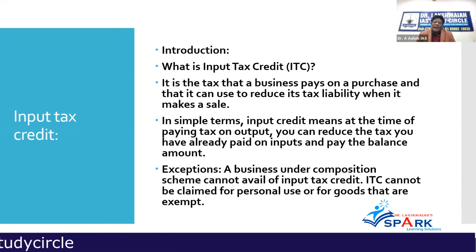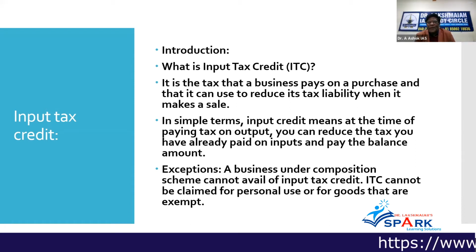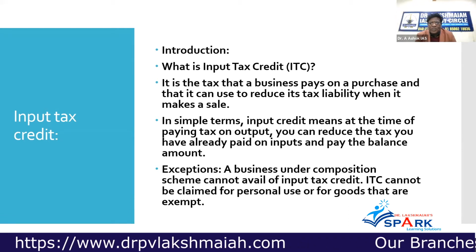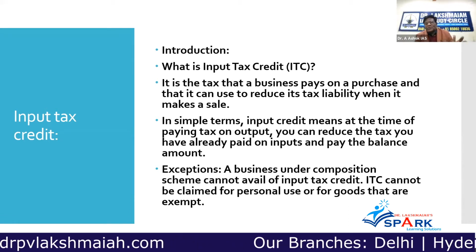Instead of paying a huge amount at one go, they can reduce that liability by paying in a kind of installment. In simple terms, input credit means at the time of paying tax on output, you can reduce the tax you have already paid on inputs and pay the balance amount. That way, you can reduce the liability.